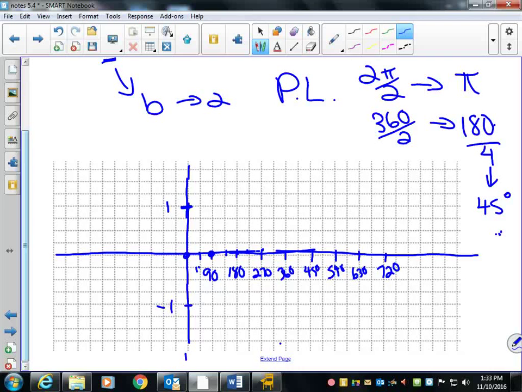So starting at 0, then going up to 1, down to 0, down to -1, up to 0, up to 1, down to 0, down to -1, back up. So if we look, we just did 2 period lengths in 360 degrees. Then we will do 3 period lengths, 4 period lengths here.